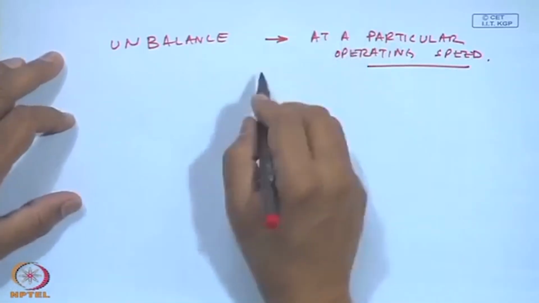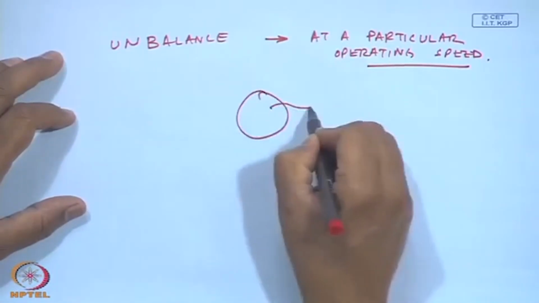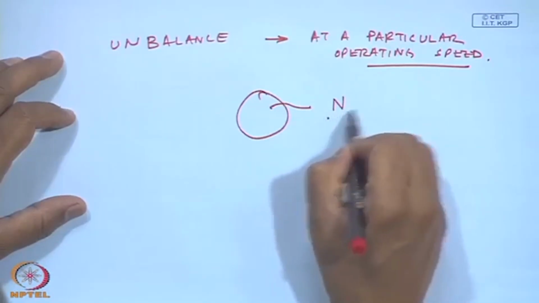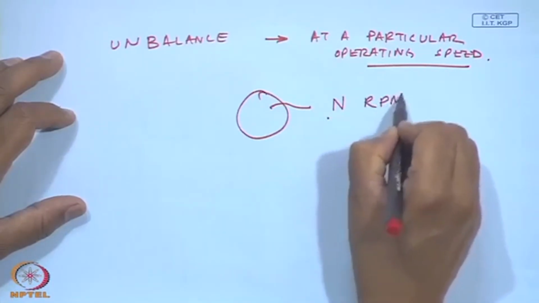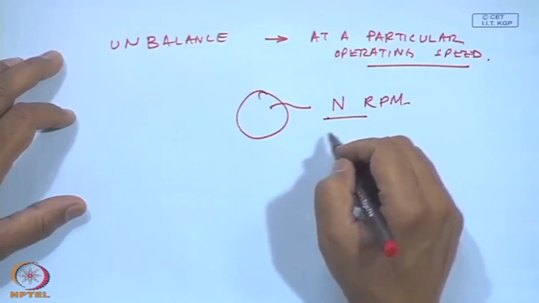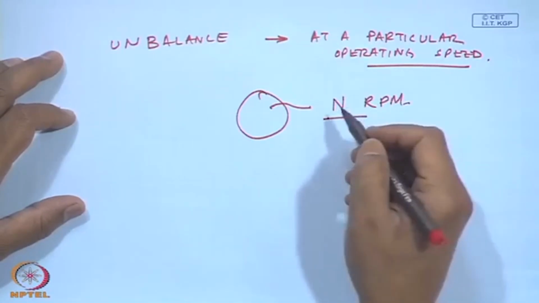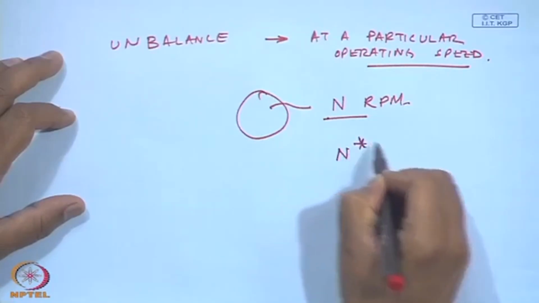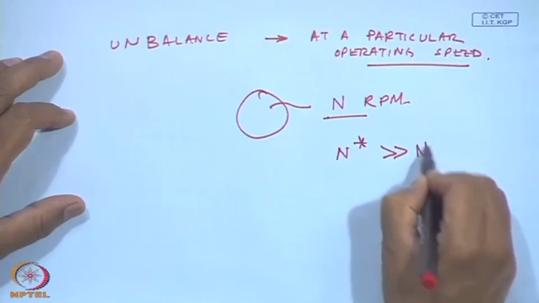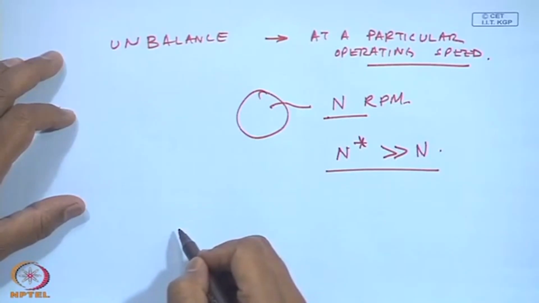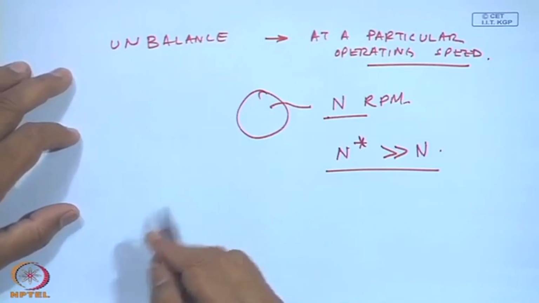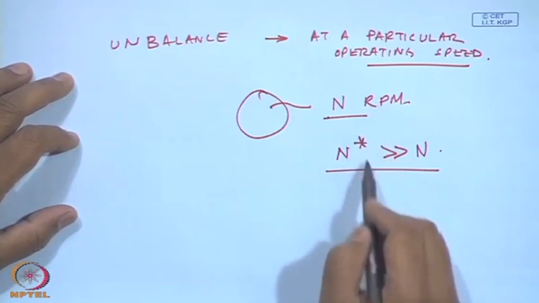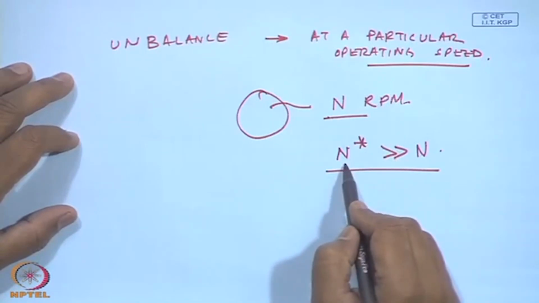If I have balanced a component at a particular RPM n, obviously the amount of unbalance will get magnified if I operate it at n star, which is much higher than n, because of the omega square term. The residual unbalance which was there will get magnified if I increase the speed.